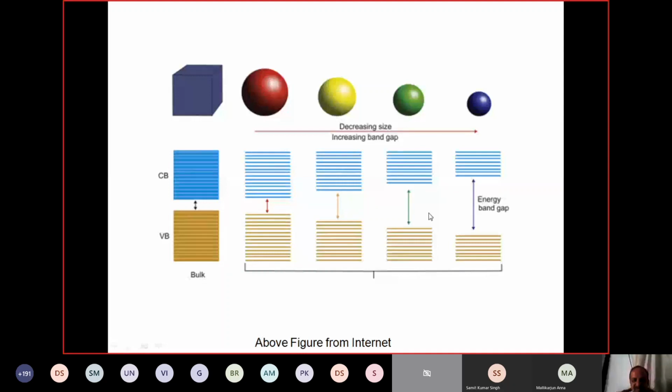That means when you take the bulk and the nanomaterial, there is a change in the energy gap also. You see here, in smaller nanocrystals, the electronic energy levels are not continuous.